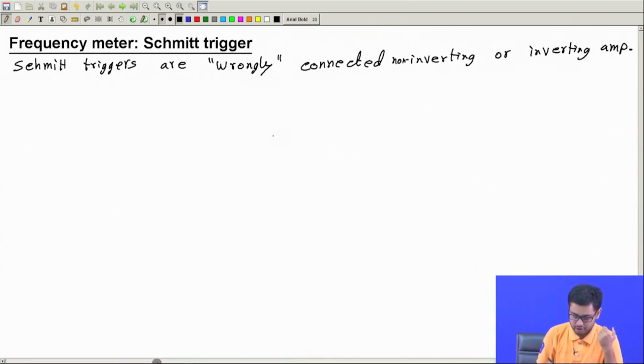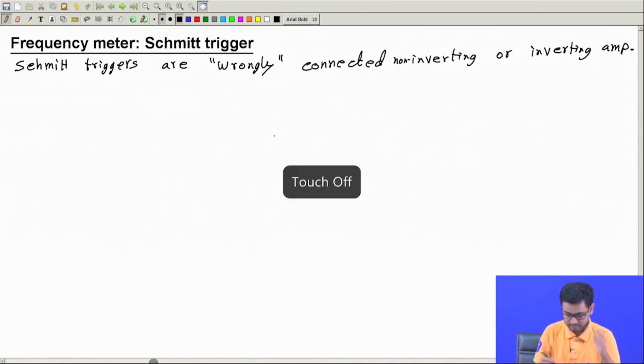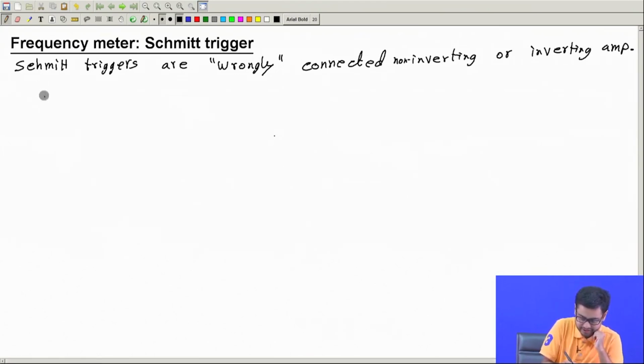Okay, so let us see how it works. So let's start with a non-inverting amplifier.